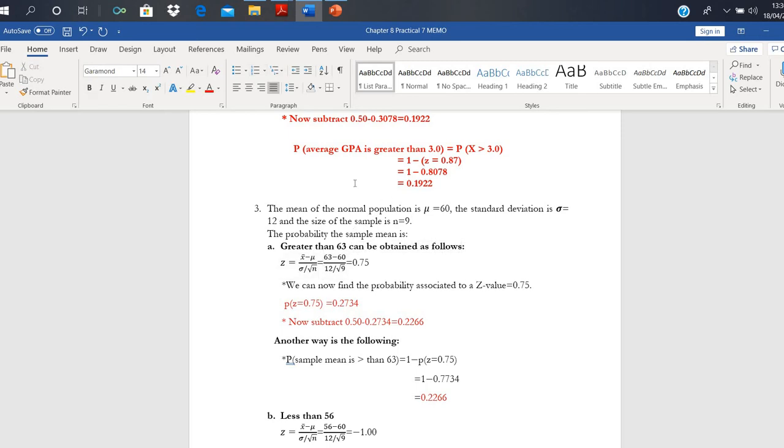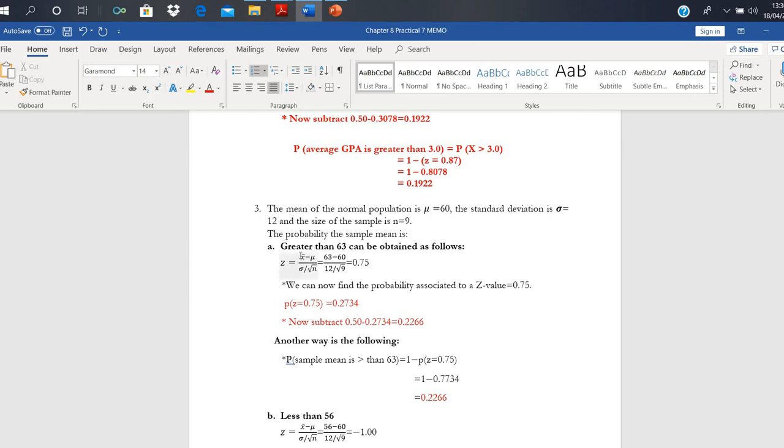So remember, in the question they were asking us to find the probability that the sample mean will be greater than 63. Because we know the standard deviation of the population, it simply means that we will use the Z formula.